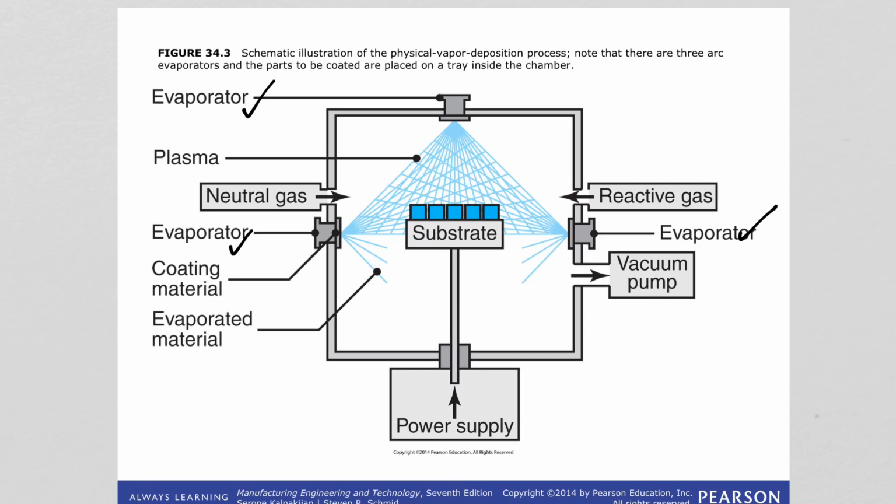This evaporation happens using highly localized electric arcs, and the arcs produce a highly reactive plasma. Plasma is going to consist of ionized vapor of the coating material, and then the material condenses on the substrate, and the substrate you are seeing in the middle is the anode, and it is going to coat the substrate.